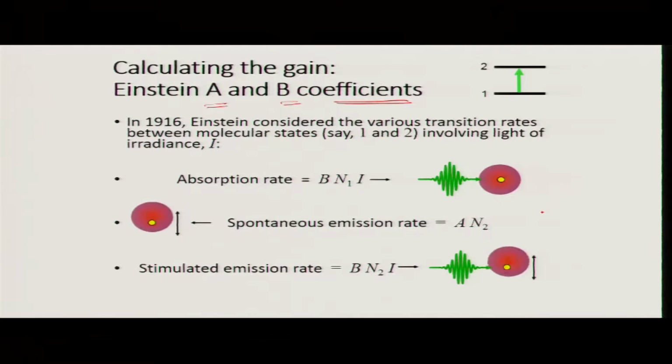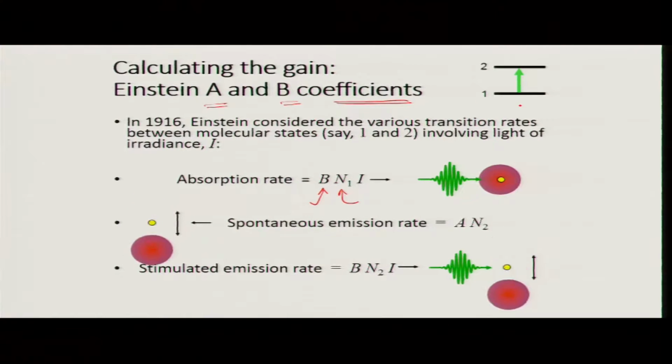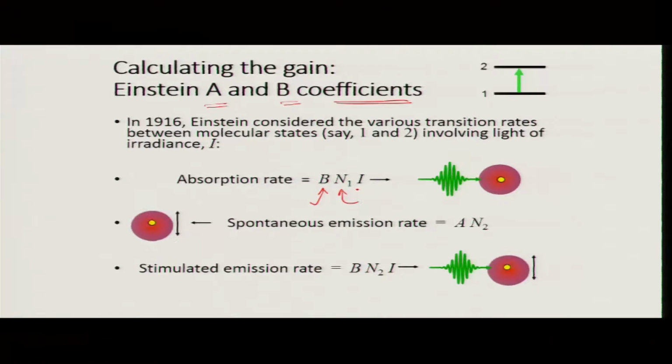He gave the various transition rates between molecular states, say 1 and 2, involving light of irradiance I. The absorption rate is equal to the B coefficient times the number of absorbers, or in the case of a molecule, the electrons in state 1 which are going to be excited. So, that is the absorption rate.